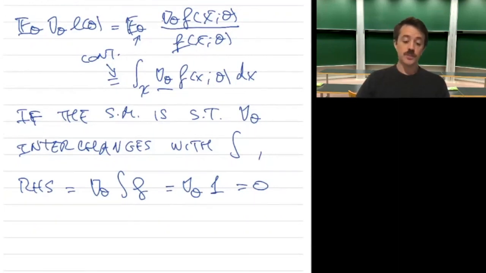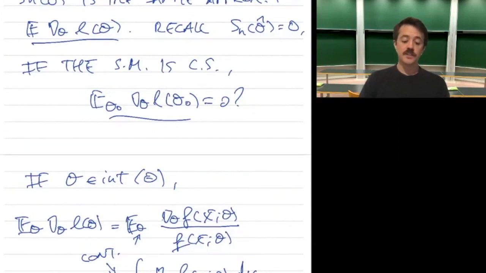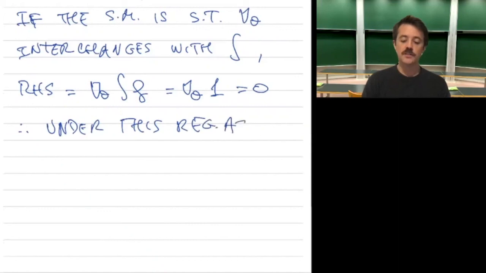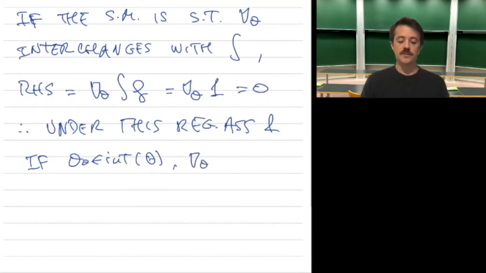So we just checked this, which is telling us again that under some regularity assumptions, because after all, this interchange of the derivative and integral is just assuming some underlying regularity, in particular under this regularity assumption, and also very important, if theta naught is in the interior of the parameter space, then we have that this guy, the L at theta naught, is centered.